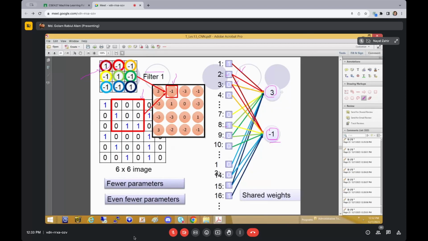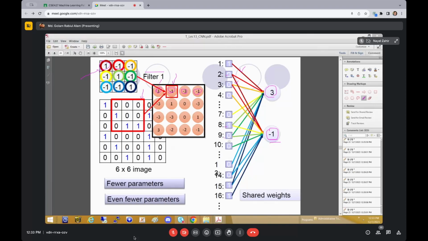We calculate the feature map values using the same weight. So in this case, this 3, and then this -1, and then this -3, and then this -1, we use the same weight to calculate all these values.